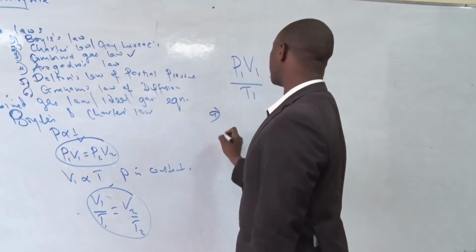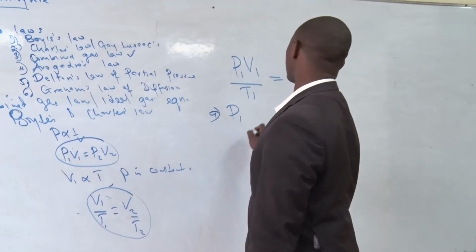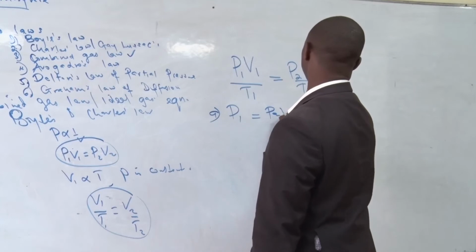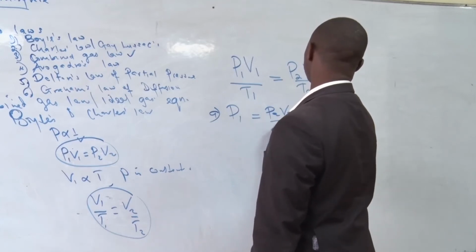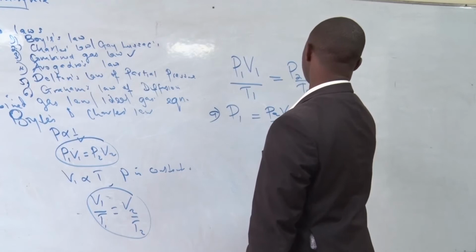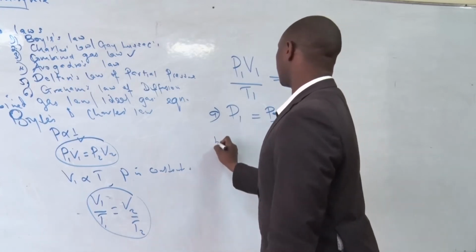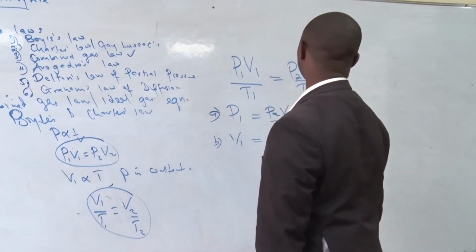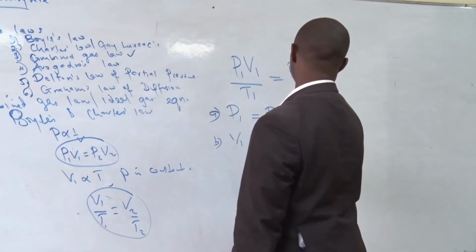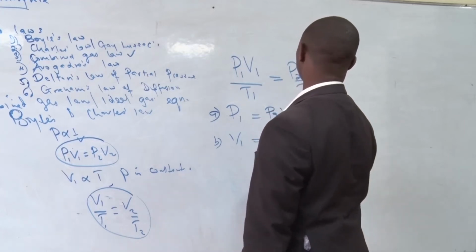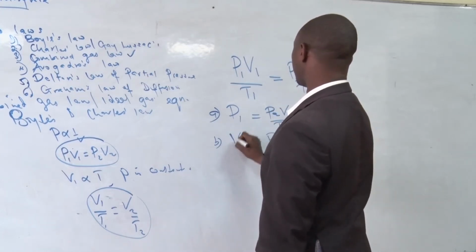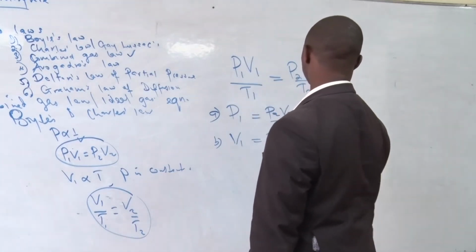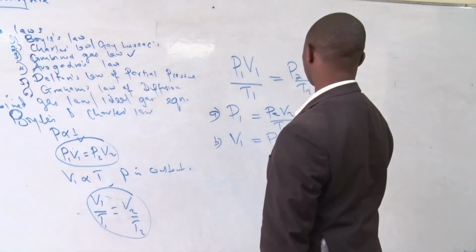Let's begin with the first one, identifying P1. So P1 is equal to P2 V2 over T2 times T1. Okay?